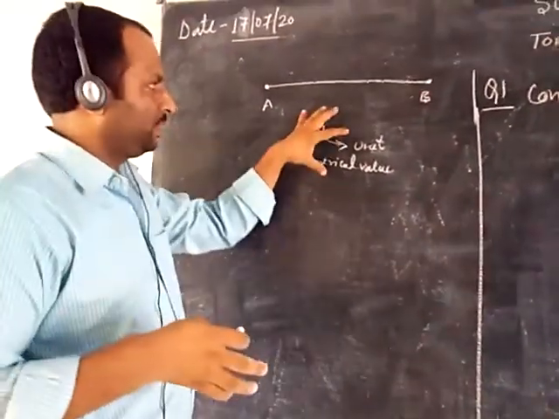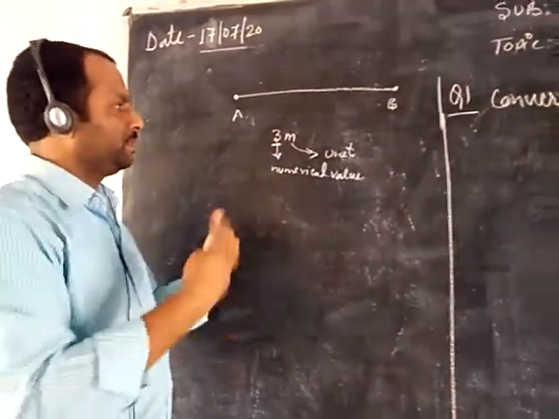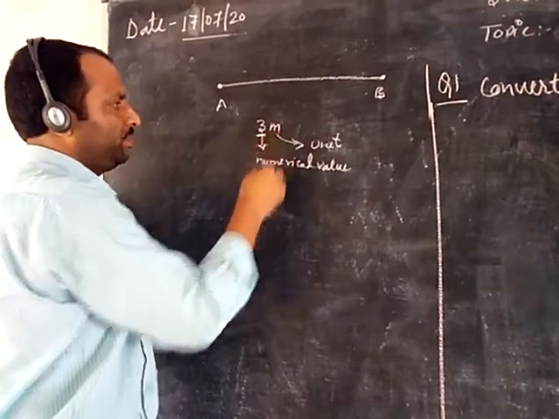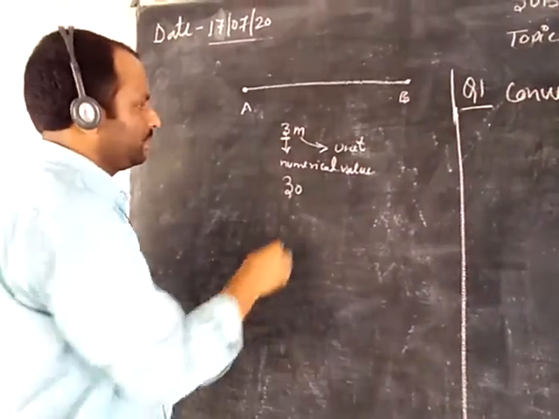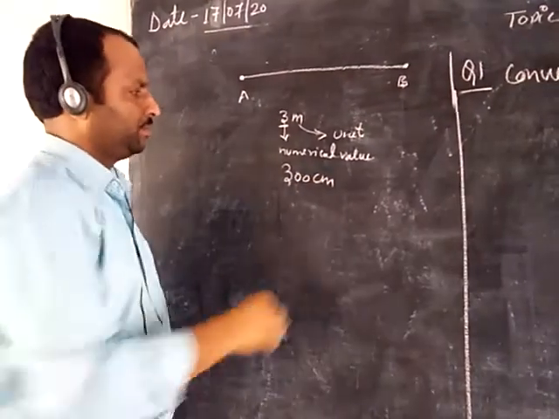This is one measurement in the SI unit. But if we take this measurement in the CGS unit, because 1 meter is equal to 100 centimeter, it is 300 centimeter.